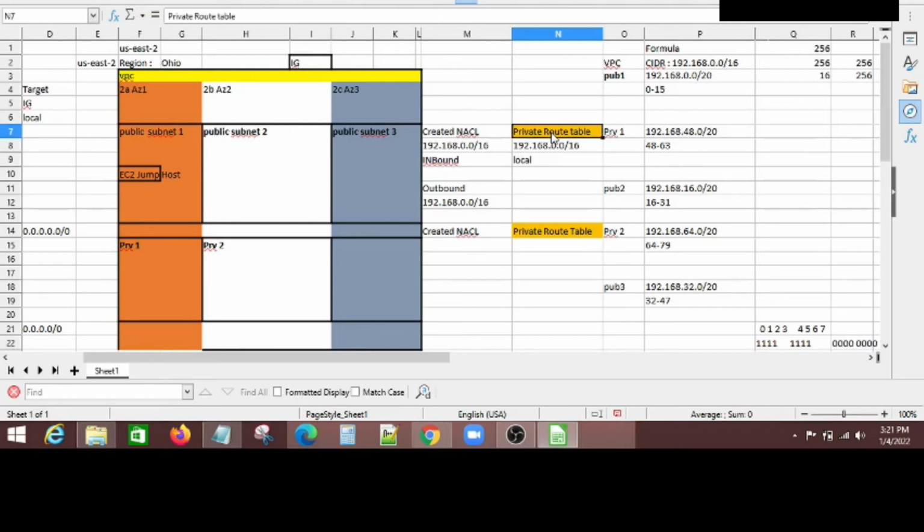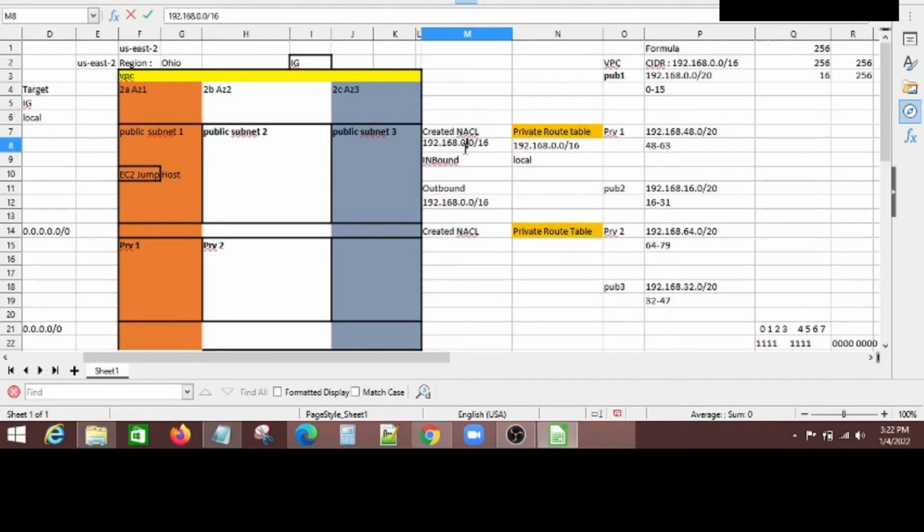I assigned this private route table to private subnet 1 and private subnet 2. In the same way, I created a NACL with inbound and outbound rules, ingress and egress.